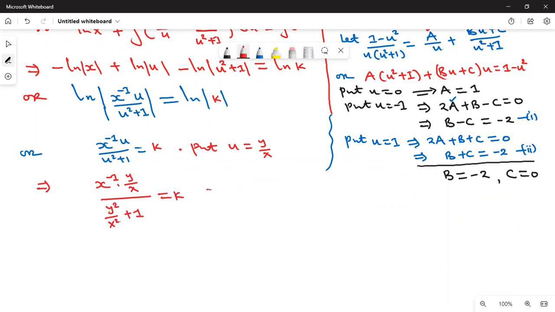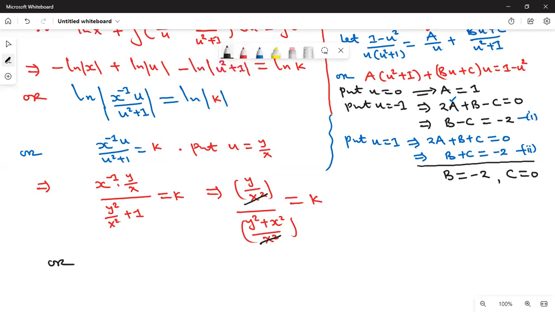And if I simplify, this can be written as y over x squared, that's the numerator. Denominator, it is y squared plus x squared over x squared is equal to k. So you see the x squared in the denominator will cancel with this other one.